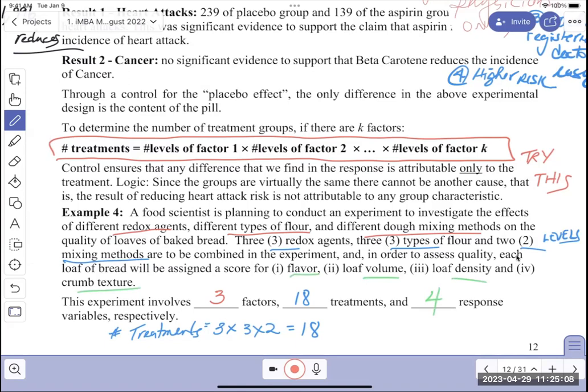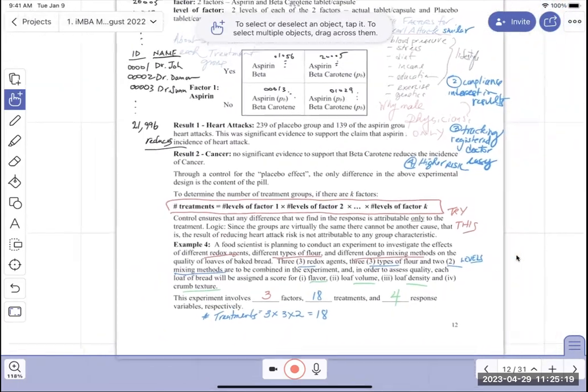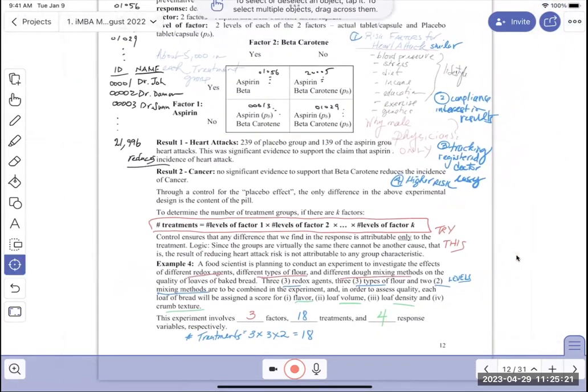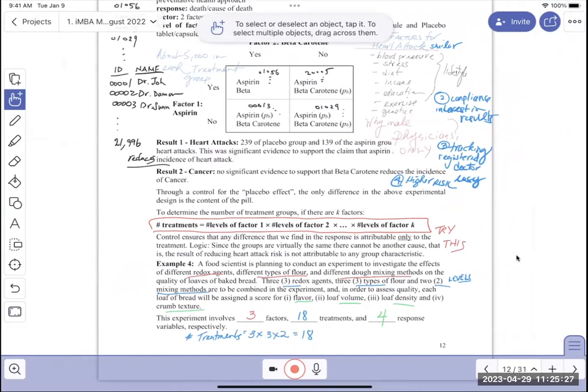All right, so does anybody have questions? What I want you to do next is draw them, just like I did up here, into a factor design. I want you to draw the 18 treatments. What would that look like? Would it be a cube, right?